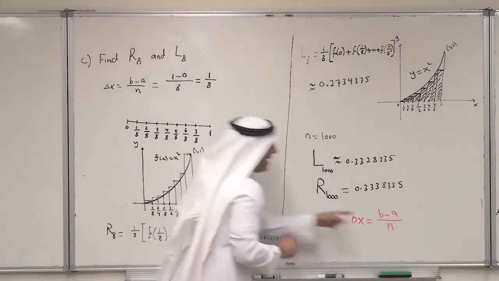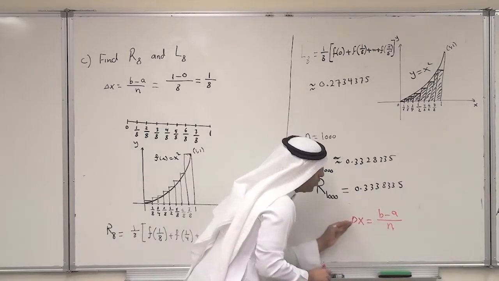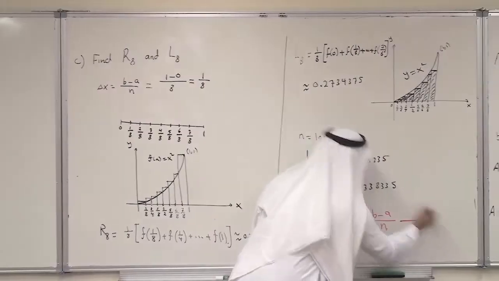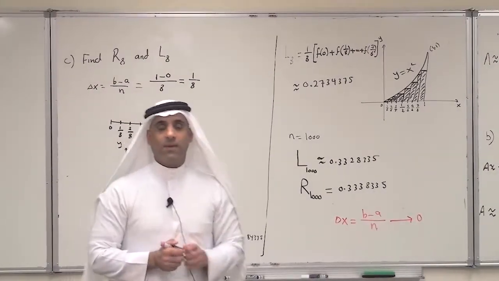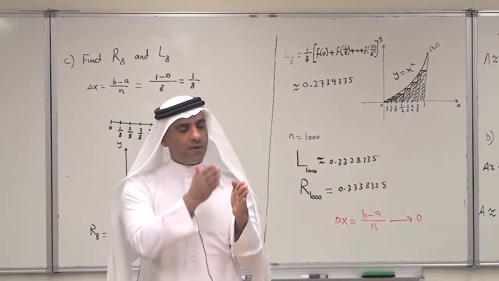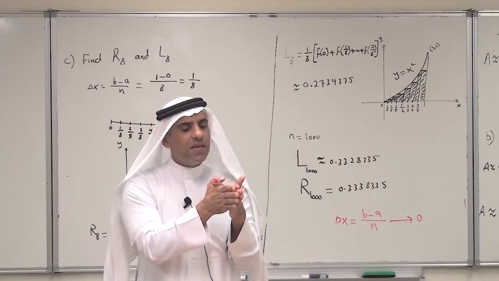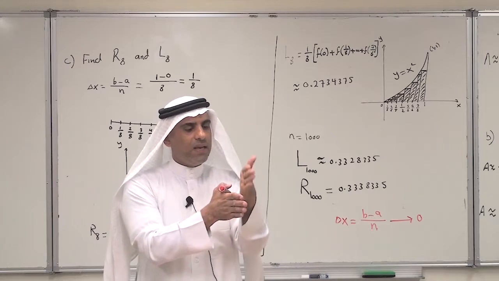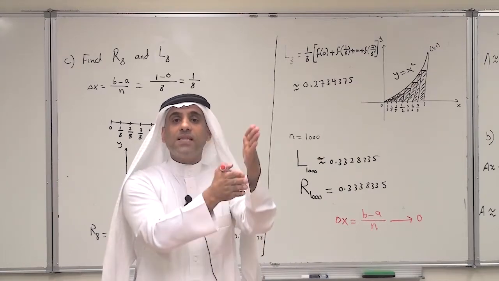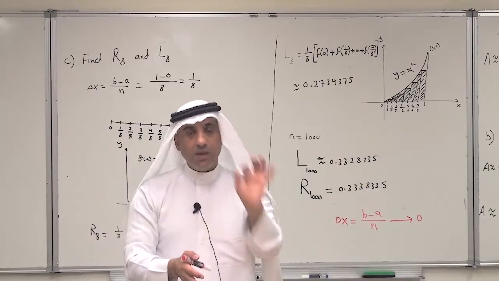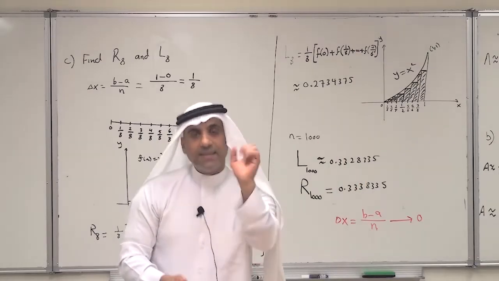If you are pushing n, the number of rectangles, to go to infinity, it means you are pushing this quantity to go to 0. Meaning, at the beginning of the interval and the end of the interval, we have a very small distance, so the altitude at the beginning and the altitude at the end will be almost the same. If you push this n to go to infinity, that will lead us to the exact area under the curve.